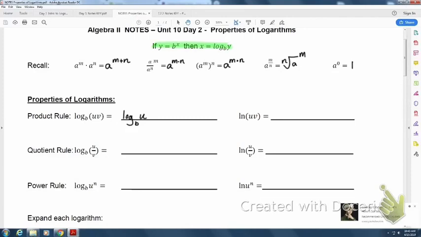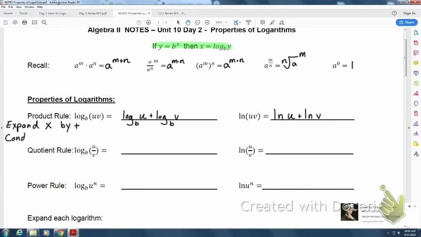So I would have log base b of u plus log base b of v. If you have natural log, your rules are exactly the same. So your product rule, one way you can think of it is I can expand multiplication by addition.